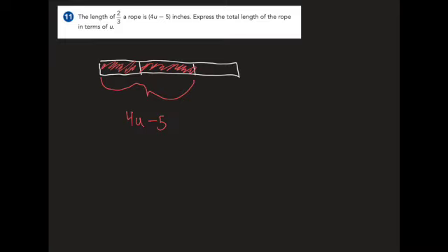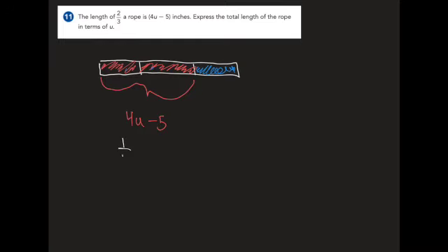So what I'm trying to figure out is what this piece is, because I want the length of the whole thing, not just 4u minus 5. So I need to find this part here. So if I know that these two are equal to each other, then I have two equal groups. I'm going to split up 4u minus 5 into two equal groups, and I do that by division.